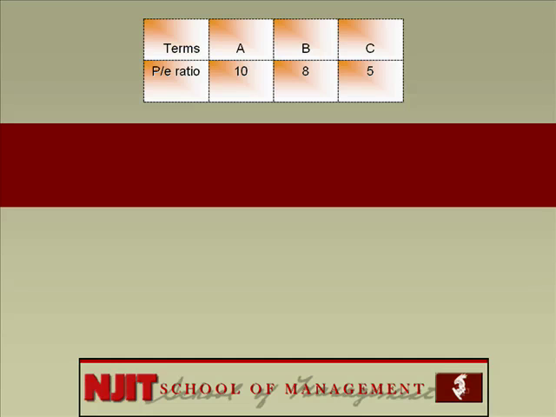But A has the highest PE of 10, B has the second highest of 8, and C is bottom with 5. How do you interpret this?